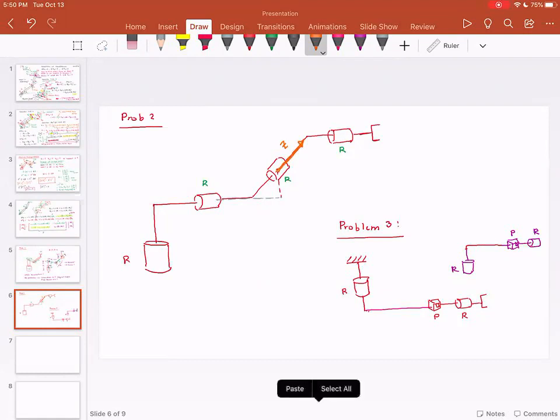This would be my Z axis. This would be my Z0. Z0, Z1, Z2, Z3, and then there will be a Z4.